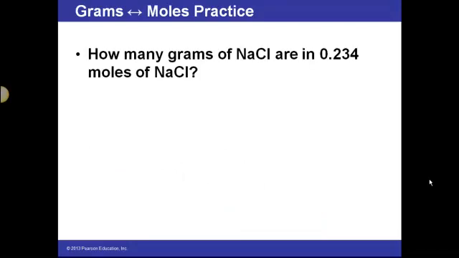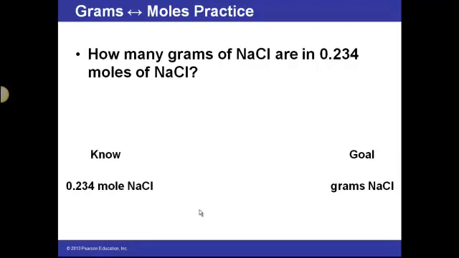So how about one more problem? How many grams of sodium chloride are there in 0.234 moles of sodium chloride? So again, state your goal first. We want to find grams of sodium chloride. We know we have 0.234 moles of sodium chloride. And then to do our mole to gram conversion, we're going to want our conversion factor with grams on top because that's what we want to find, and moles on the bottom.